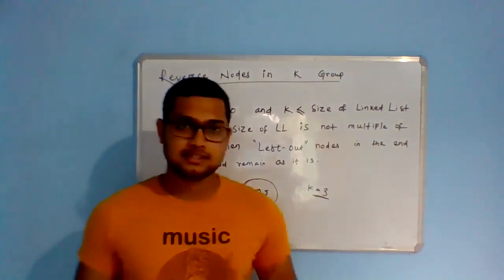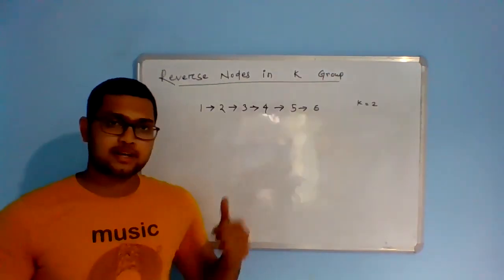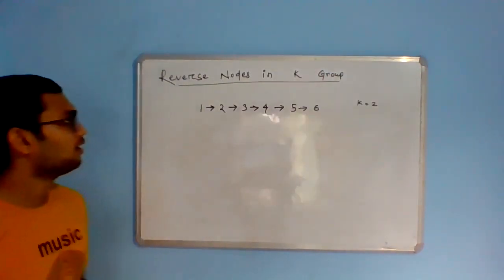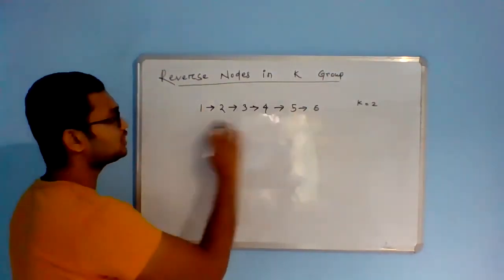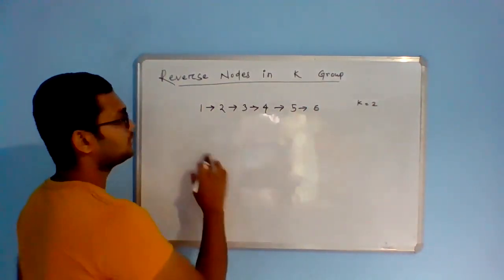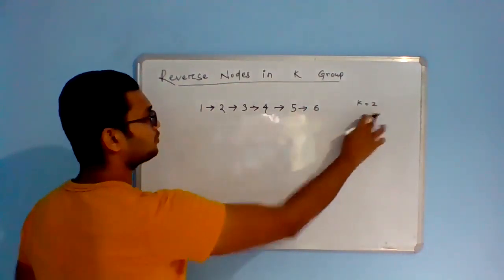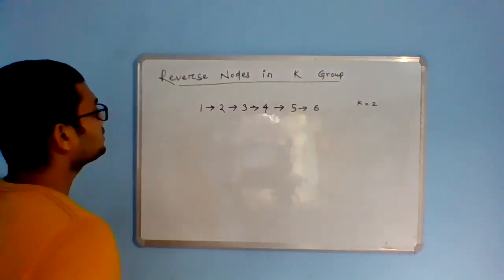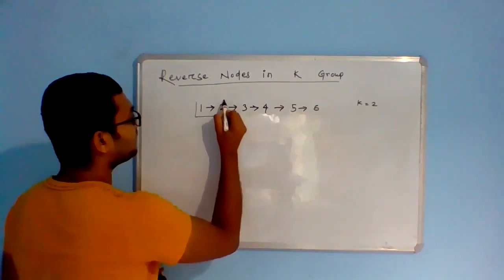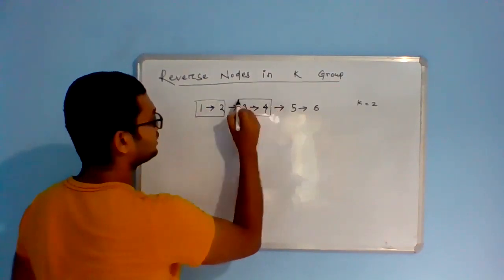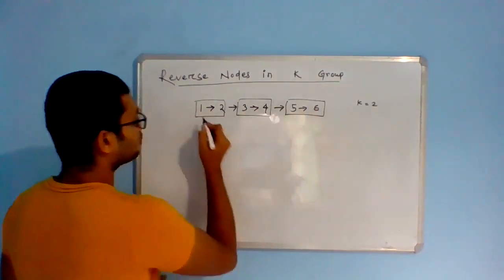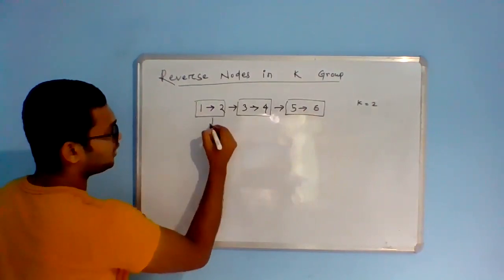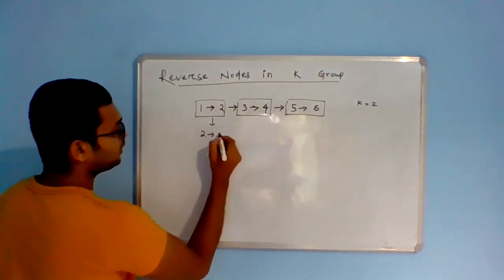So let's see an example to understand it. In this first example, we have a linked list of size 6. There are a total of 6 nodes, and k is 2. That means we have to reverse every k-sized sublist in this singly linked list. If we reverse the first sublist, it will look like 2 then 1.